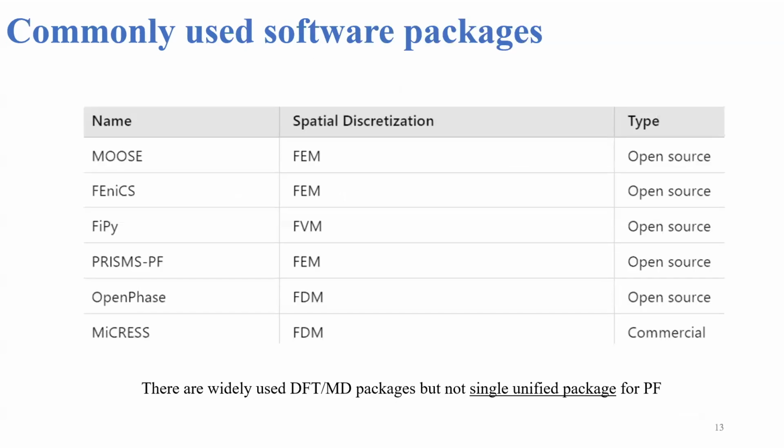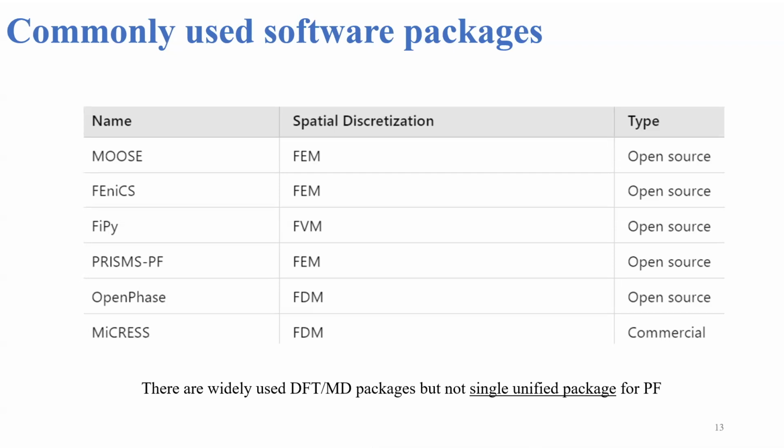I want to point out that in DFT, coarse graining, molecular dynamics and so on, we learned about various software. We learned about DFT in software such as GPAW, VASP, Quantum Espresso. In MD, we learned software such as LAMMPS, and in coarse graining, we learned about LAMMPS, GROMACS, and so on.